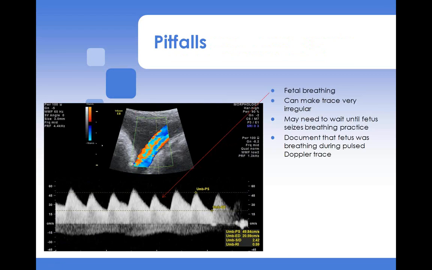So now some pitfalls. First and most obvious one to me is fetal breathing, and it can make the trace very irregular.